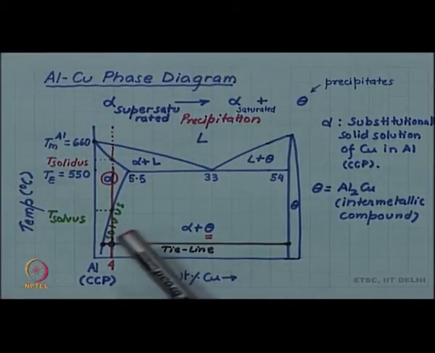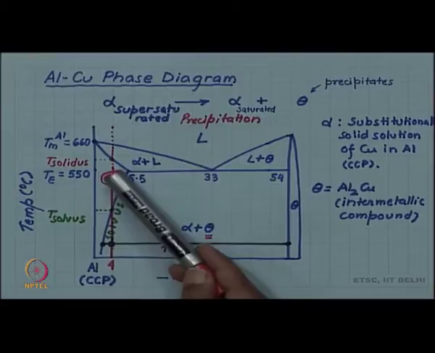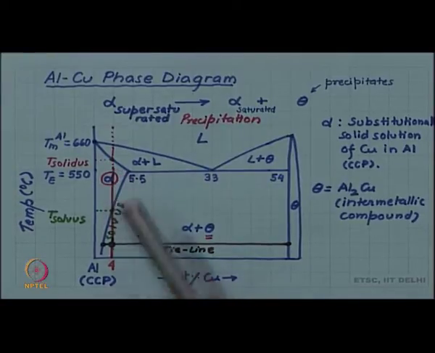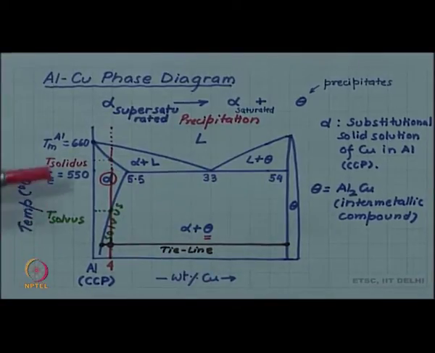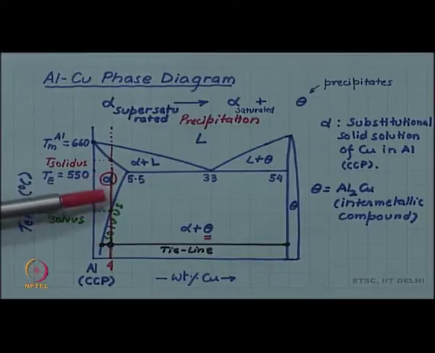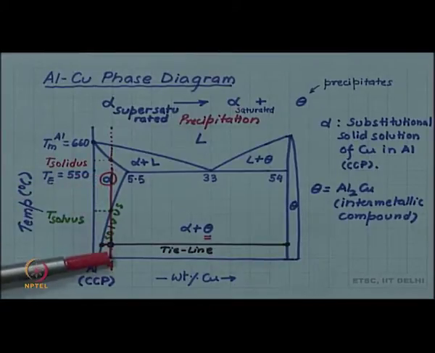So, when Wilm was heating his alloy and holding it, his hold temperature should be between solvus and solidus to form alpha, and time should be long enough such that complete alpha forms. Then when he quenches it, the temperature should be below solvus such that now single phase alpha is unstable.